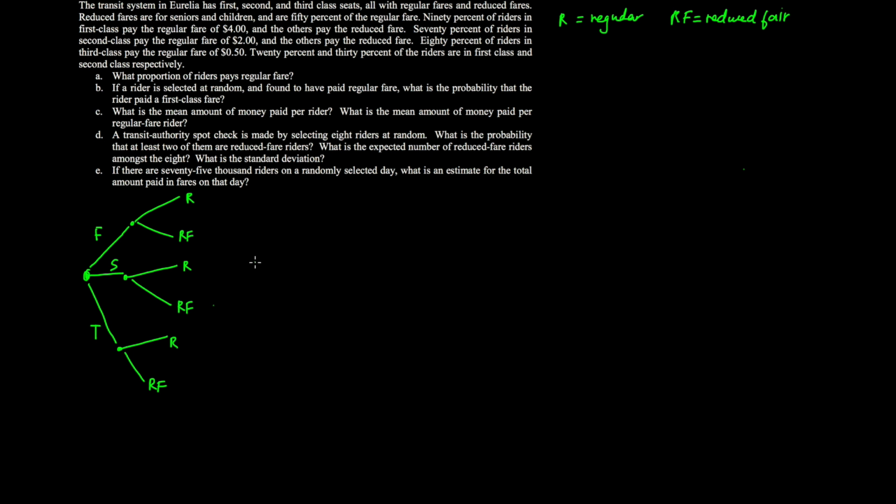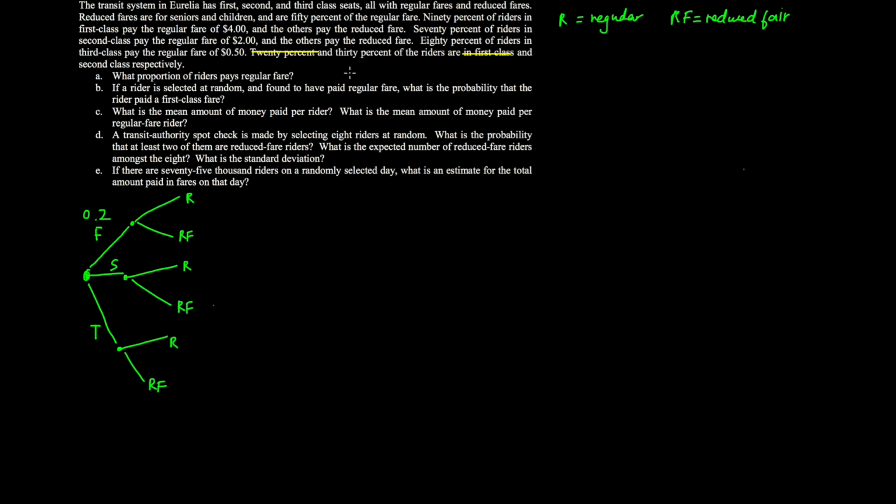So what do we have here? From the second part of the problem, we know that 20% and 30% of the riders are in first and second class. So let's just cross this off. 20% of the riders are in first class, so here we have 0.2 for first class.